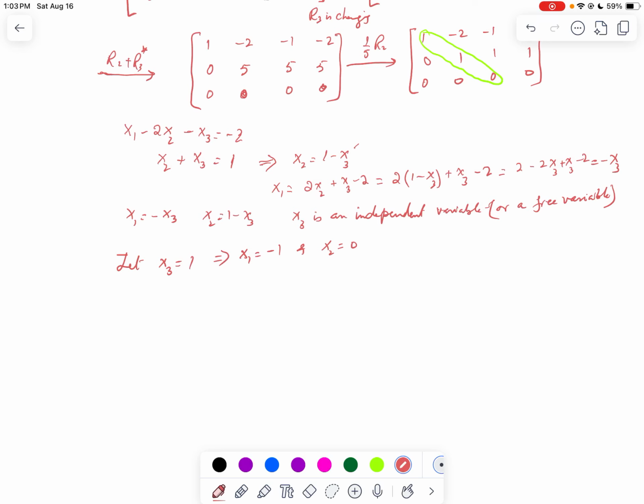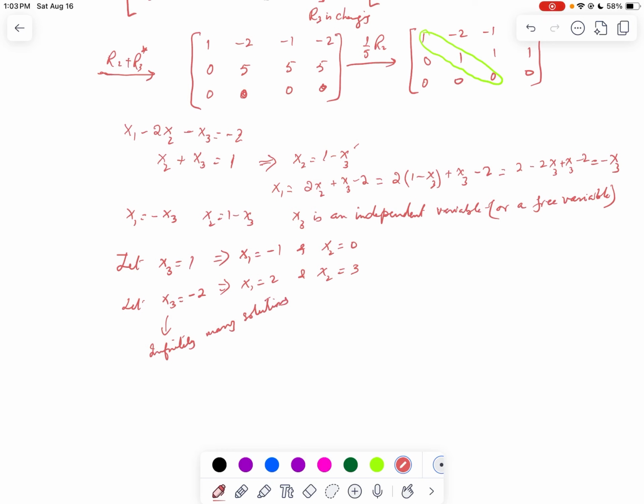If x3 is equal to minus 2, then it will mean that x1 is equal to 2 and x2 is equal to 3. So you can see that for infinitely many values of x3, we are getting infinitely many solutions.